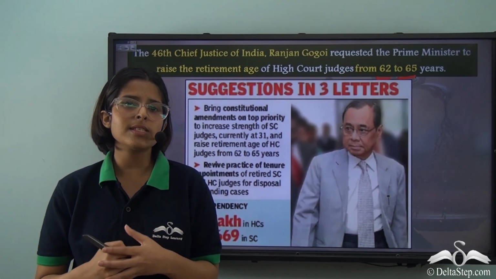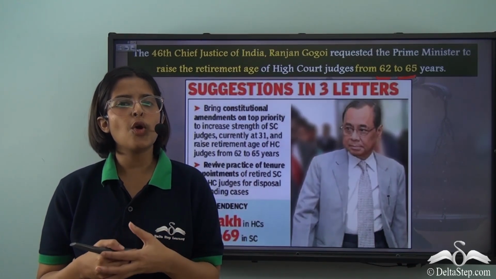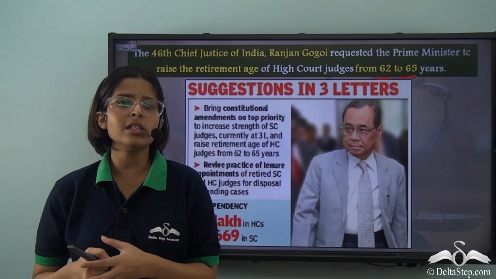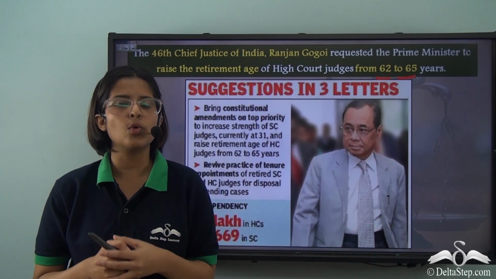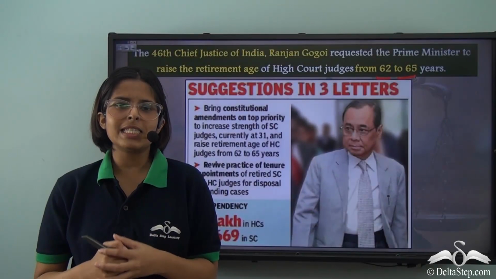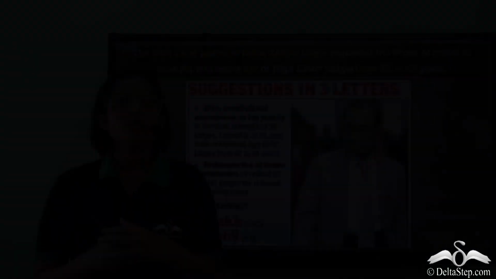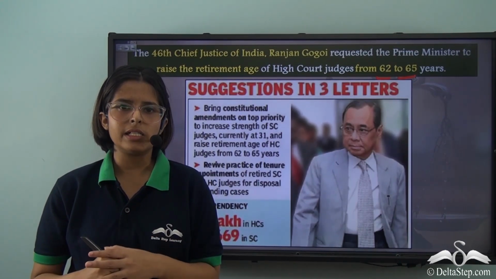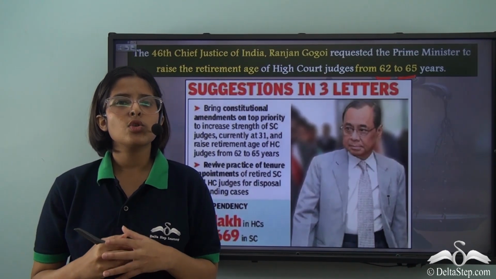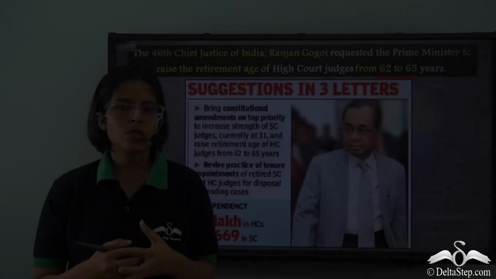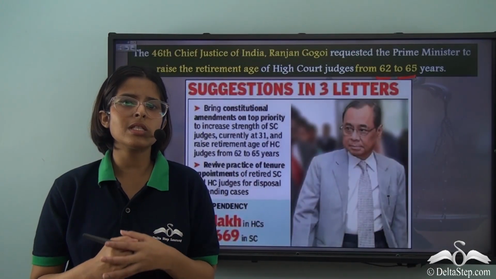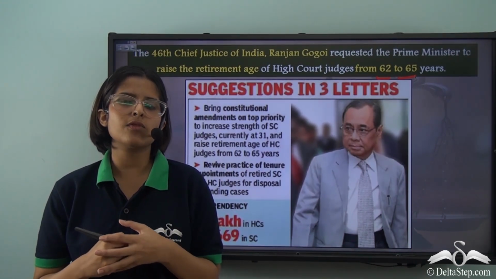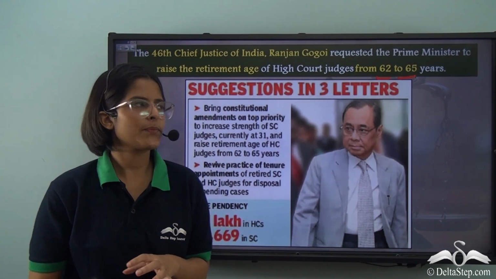And these lawyers, once they become High Court judges, will not be able to practice law. This is because of ensuring the judicial independence in the courts of India, as we've already studied in an earlier video. So that is why a lot of seats of judges in the High Court are vacant, and there is an immediate need to increase the number of judges so that it would not only reduce the number of pending cases in India, but also retain the best of the legal talents in India.